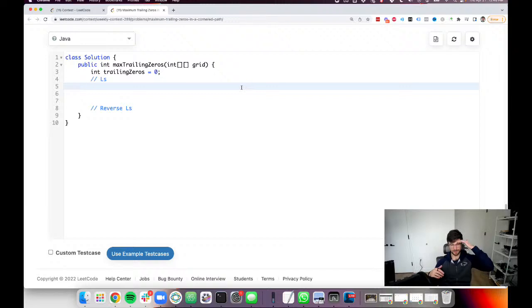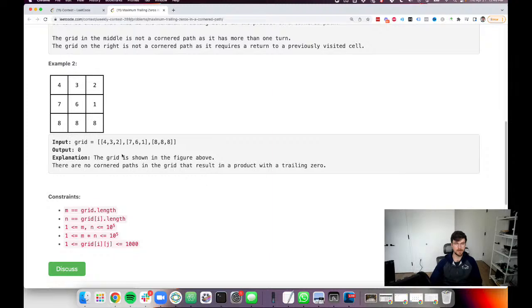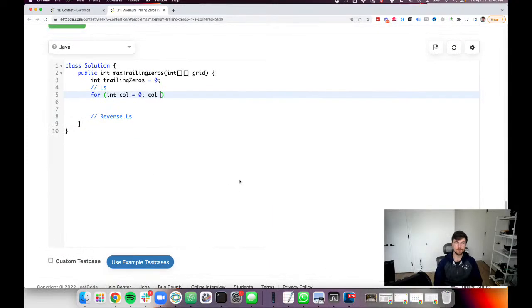For the L's, we're going to try starting in all the columns, then we go down the column and then across the row. I'll do column equals 0. The number of columns is equal to grid 0.length, and column plus plus.